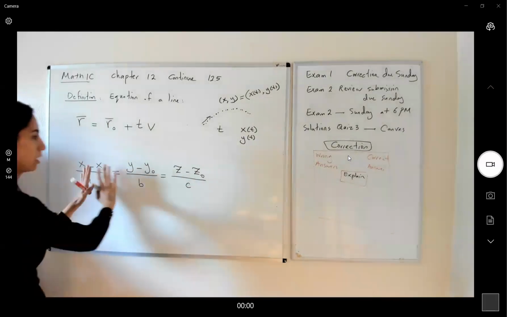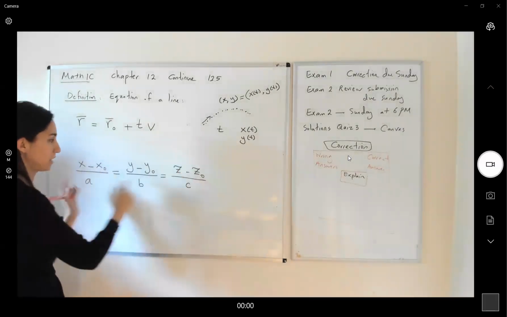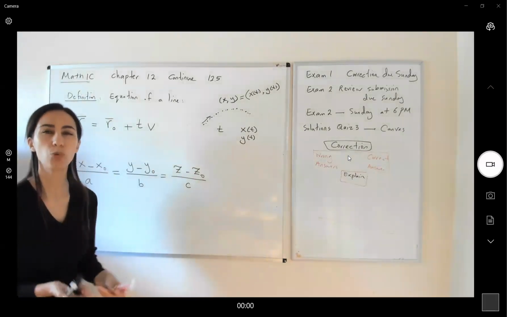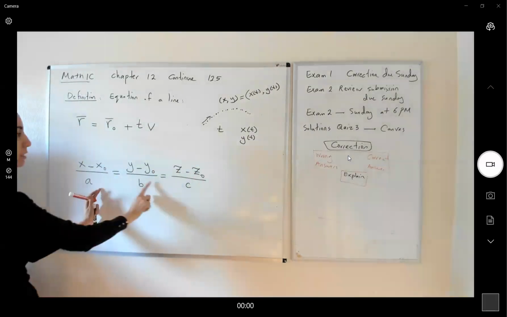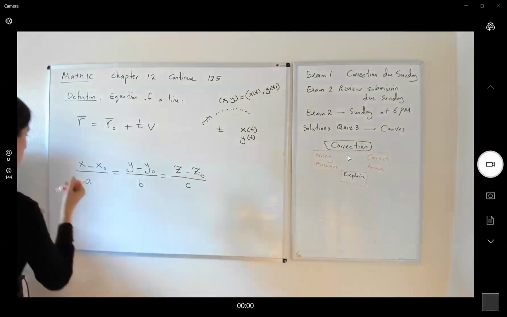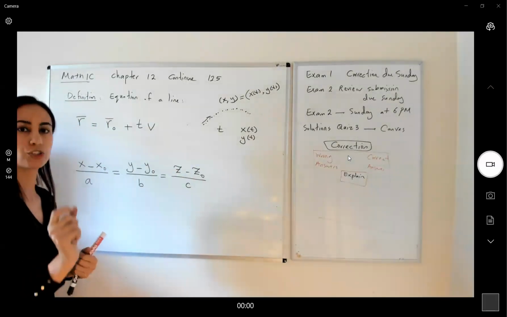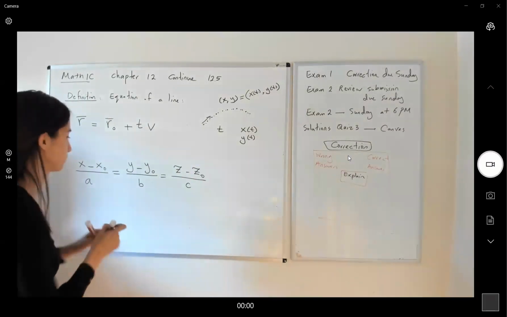First of all, let us start by using these three fractions that are equal to each other. Since these are all equal to each other, we can set them equal to a variable like t.